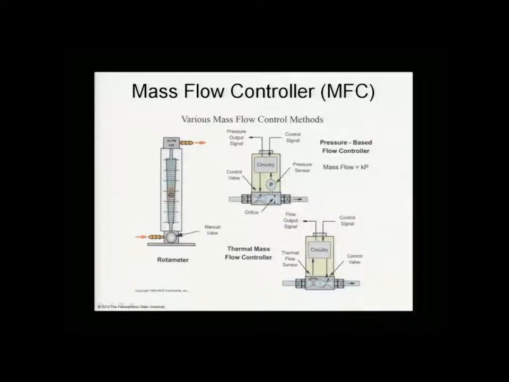Faster, the more it can push the ball up. This is calibrated so that you can know the mass flow. For example, this one is calibrated in standard liters per minute, using air as a calibration gas. So this type of mass flow controller is called a rotometer.